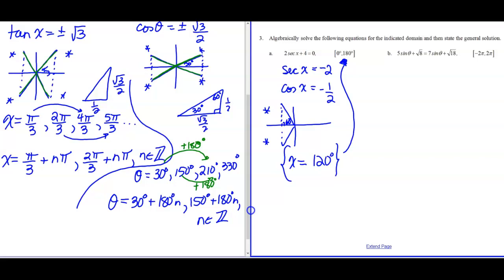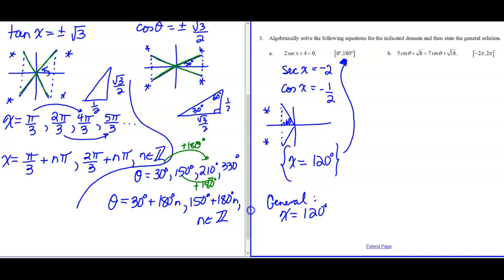But for your general solution, you have to look at the whole rotation. Okay, so that would be 120. If I thought, okay, 120 to 240, so add 120. From this, if I add another 120, I don't get an angle on this.